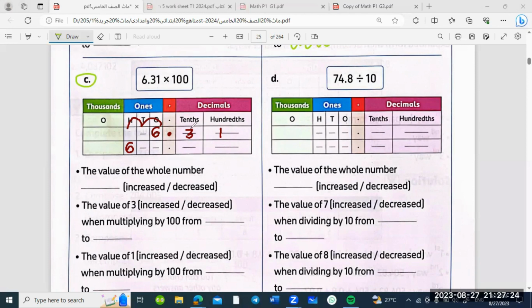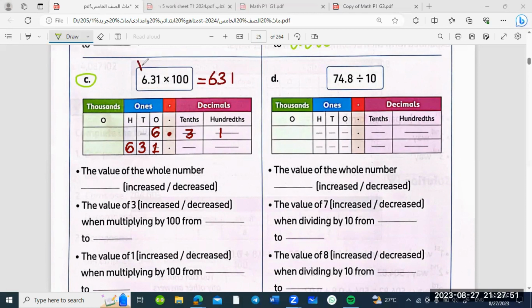Move it 2 steps. It will be in tenths. Yes, 3. What about the 1? 1 will be in ones. So the answer will be 631.